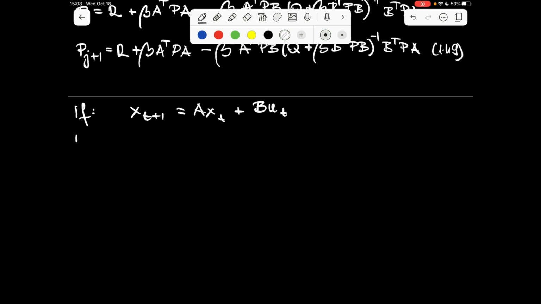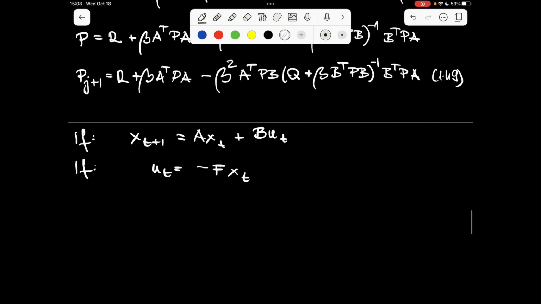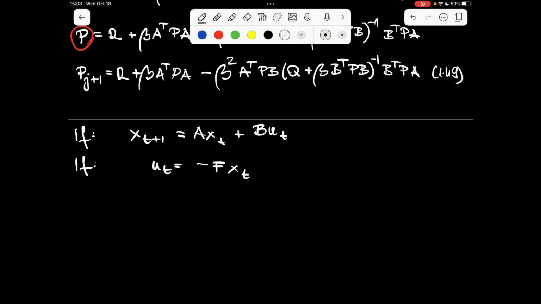And if we have a policy function in this form, which can be made explicit by finding the solution by iterating on the Riccati equation, these two conditions together lead to this equation.